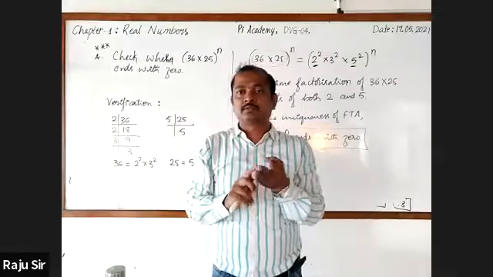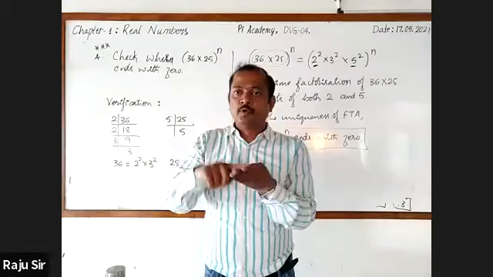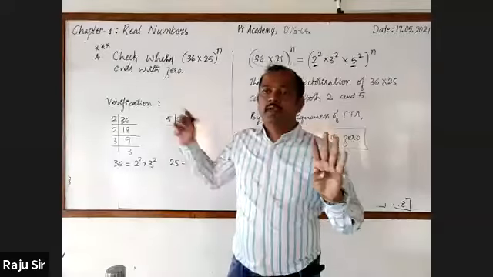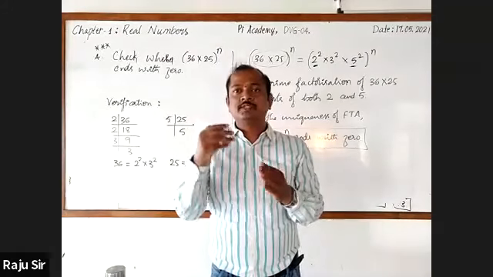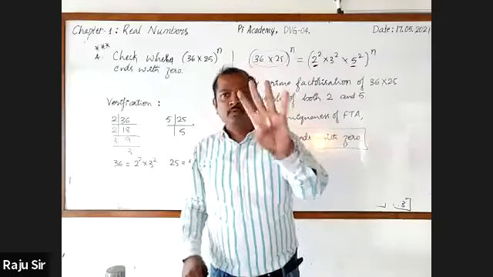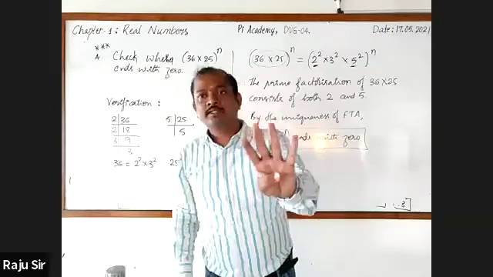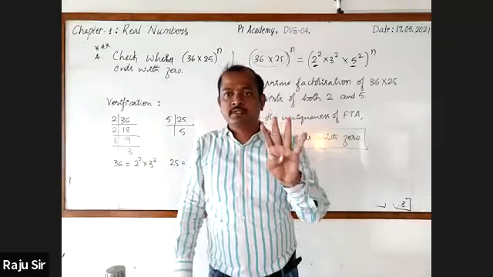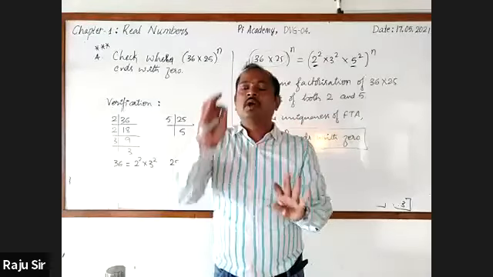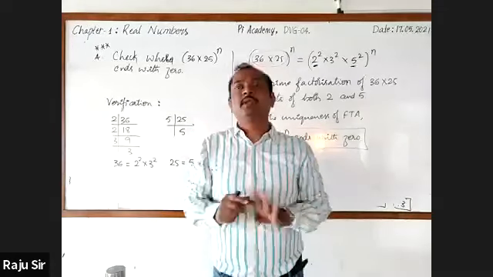And the fourth is using the uniqueness of the fundamental theorem of arithmetic to check whether the given number ends with 0. These are the 4 important concepts we discussed in today's class. Work out all these. Among these 4, 100% one will be given in the examination.